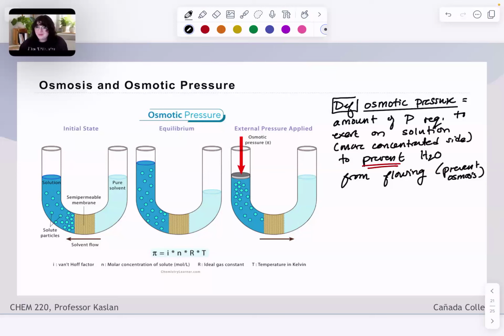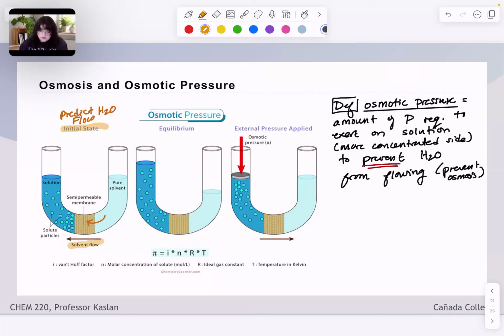like it's literally a tube that is shaped like a U. Down here in the middle, we've got our semi-permeable membrane. This is the substance that will selectively allow water to pass through, but not our solute particles. Here, if we were to look at the initial state, this is where we would predict water will flow, specifically this way toward the more concentrated side.